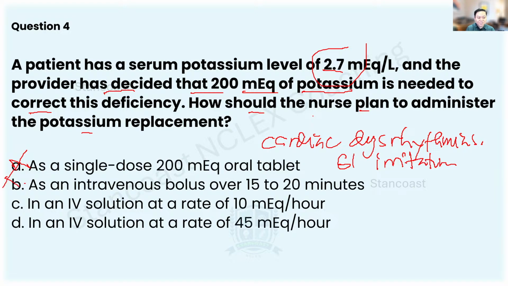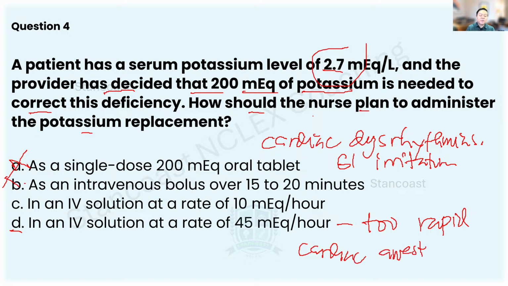If you had answered letter D, in an IV solution at a rate of 45 milliequivalents per hour, no. This is an action that is too rapid, okay? Too rapid administration. This can also lead to cardiac arrest.